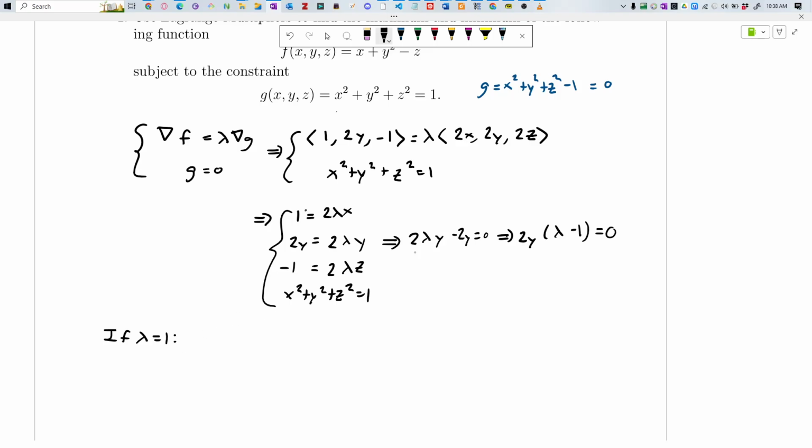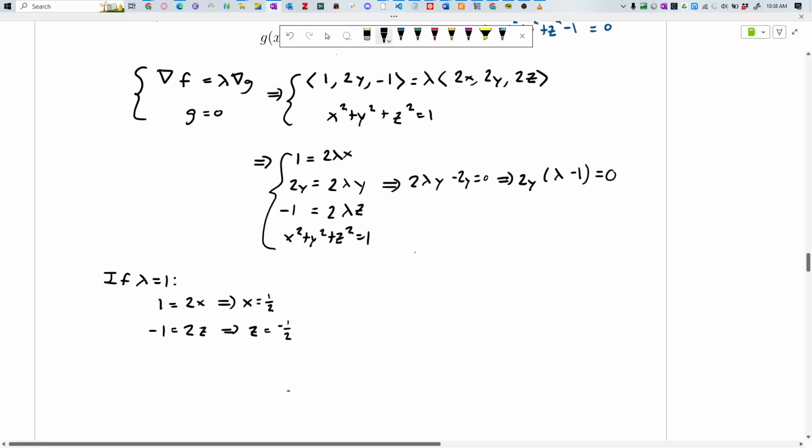So according to this, 1 will be equal to 2x, which means that x is equal to 1/2. The third equation is going to be that minus 1 is equal to 2z, which means that z is equal to negative 1/2. And does that say anything about y? No, y is free.